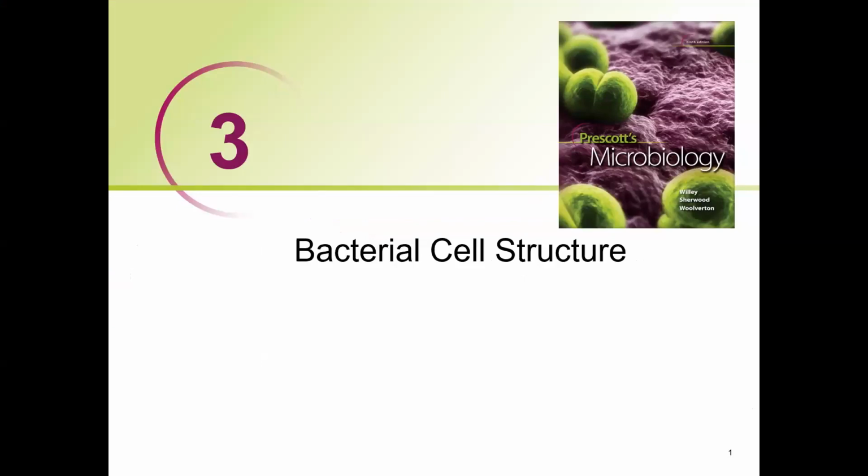So as you can see, chapters 3 to 5 have quite similar content. It's just about the cell structure of bacteria, archaea, and eukaryotes. So here we just combine them together to simplify and make it easier to talk about.